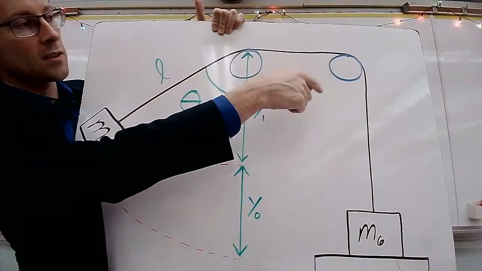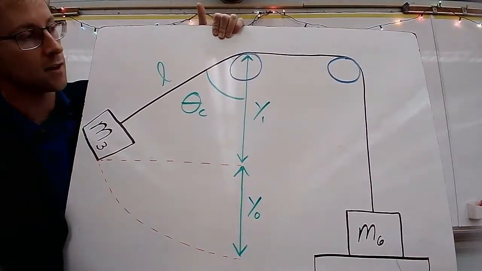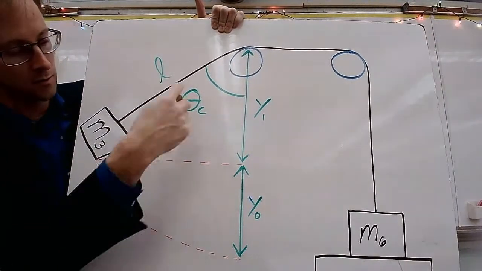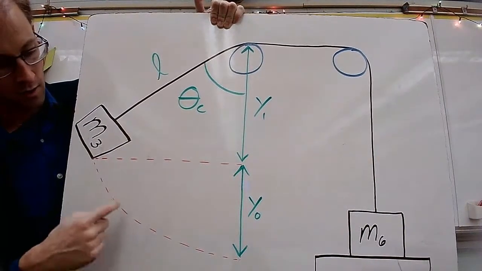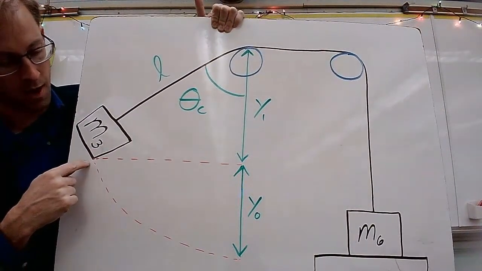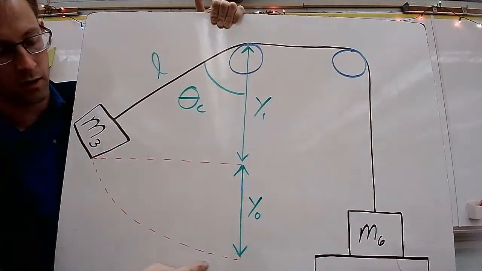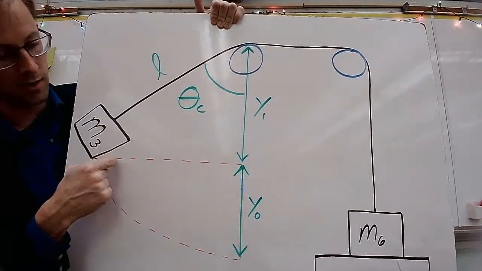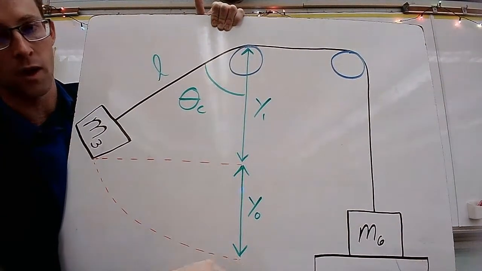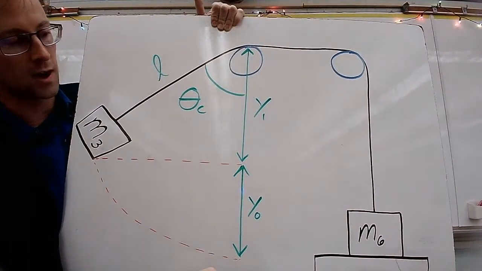These blue things are like little pulleys that are set in place, and everything in green is just some things that we're measuring. The red just represents the path that this mass is going to take. It's going to go down and kind of curl up. And these red dots just show the height off the low point that it's at right now.